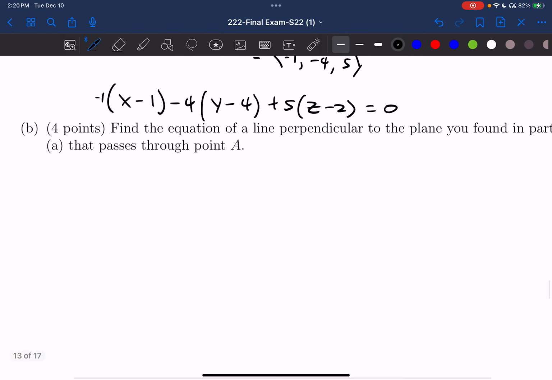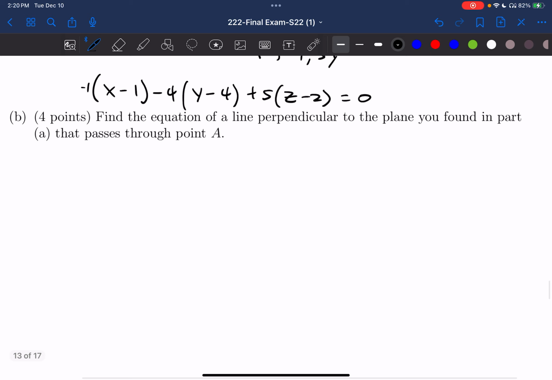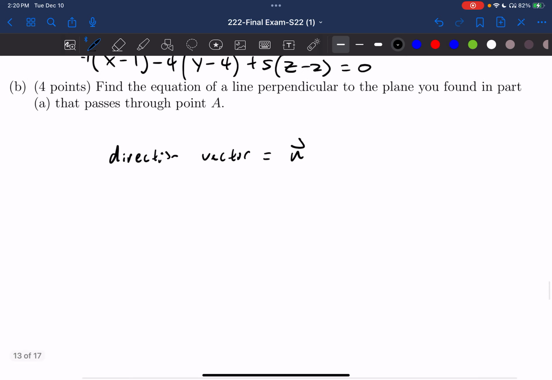Find the equation of the line perpendicular to the plane you found that passes through point A. So since it's perpendicular, our direction vector will be equal to n. Therefore, the equation of the line, for a line, we will have (x, y, z) equal to a point.